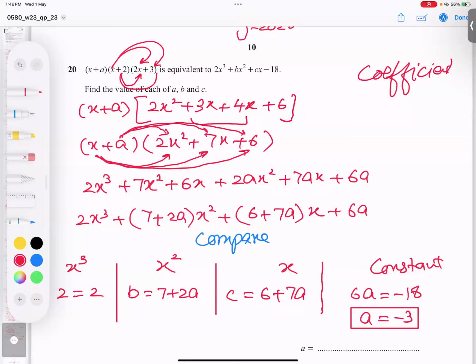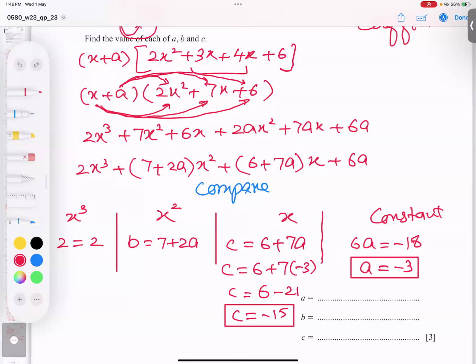So this negative 3, I'm going to plug in here. This is coming negative 21, out of 21, 6 gone. So c becomes negative 15. This value I'm going to plug in here.